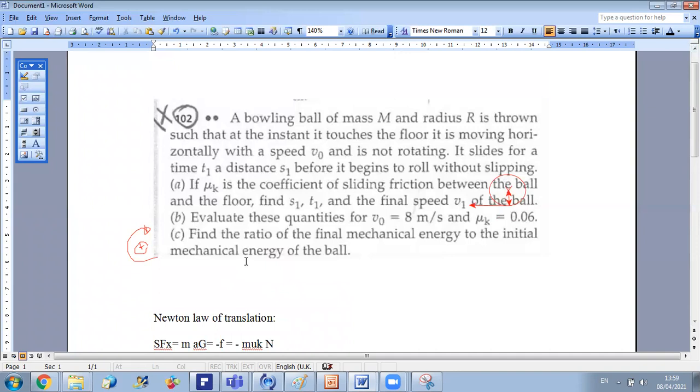Who can tell me what do you expect to happen to the mechanical energy? Will it increase, decrease, or stay the same? Surely it will decrease, because there is friction. Very good. It will decrease because there is friction. The friction is not a conservative force, so we don't have conservation of mechanical energy.